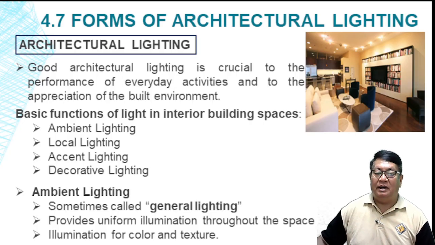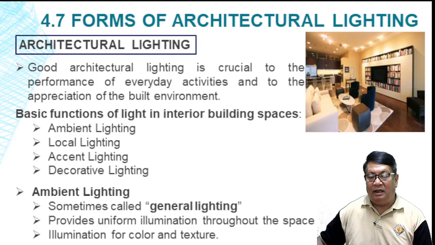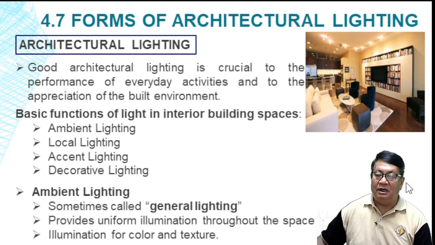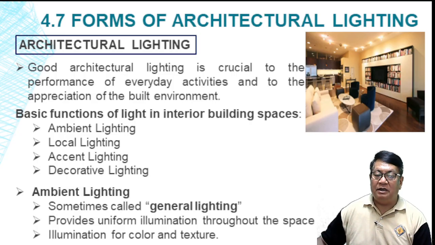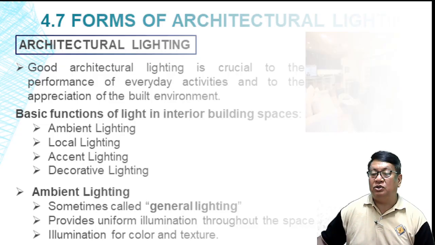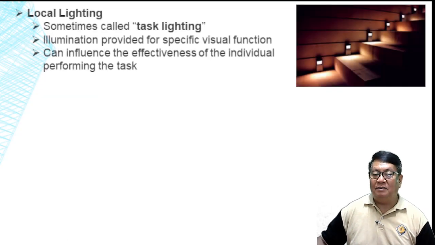So we have here the ambient lighting. Okay, as you can see here. So sometimes called general lighting, no, provides uniform illumination throughout the space and illumination for color and textures. So local lighting, sometimes called task lighting. Okay, so you can see an example here.